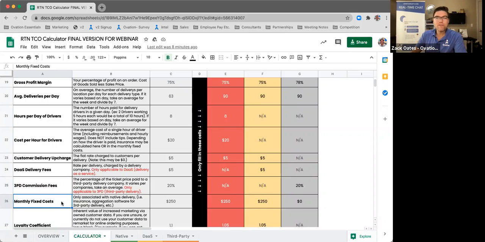And then we have the monthly fixed cost. Ryan talked about insurance. There may be other things such as third-party aggregation software, different things for delivery.